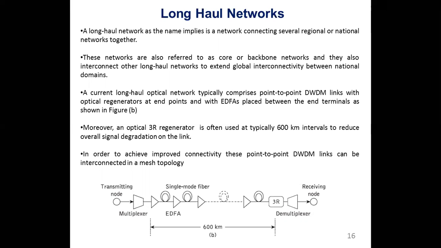This is what is shown in diagram B, where you have EDFAs, and you see that the length is some 600 kilometers. So the optical 3R regenerator, basically the amplifier which will also shape the signal, is placed at around 600 kilometer intervals to reduce the degradation of the network.